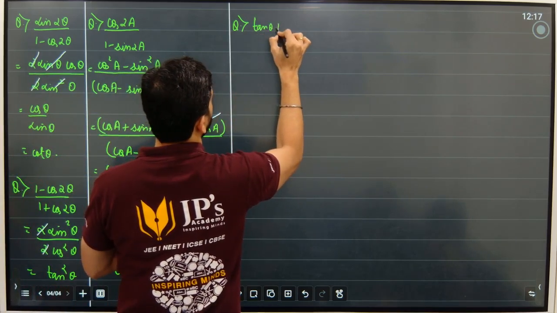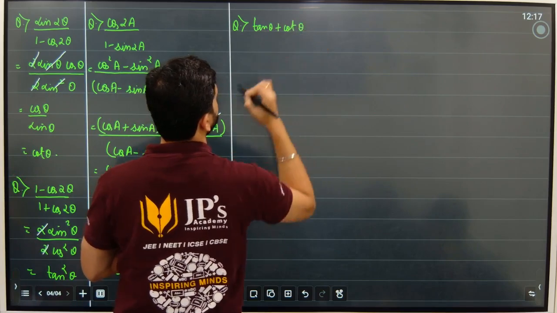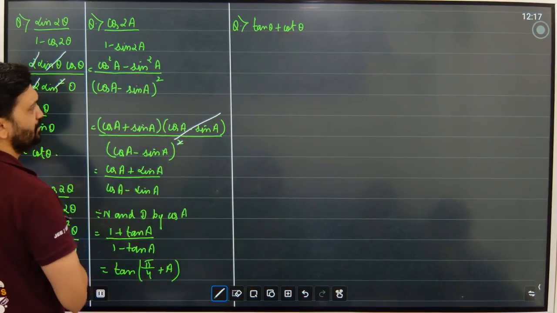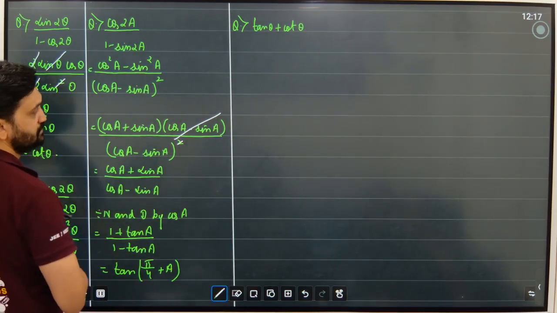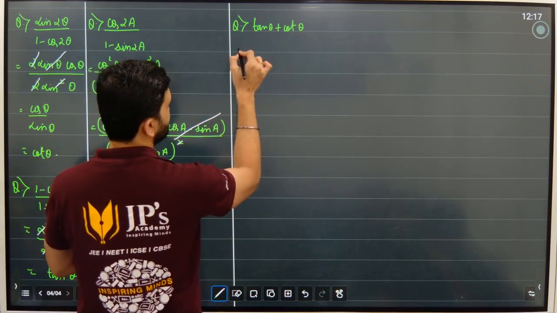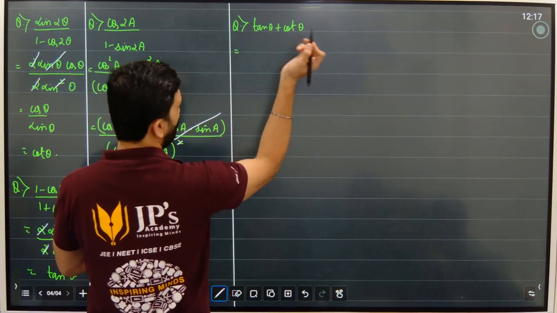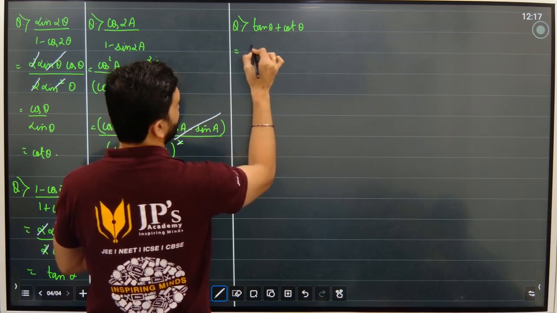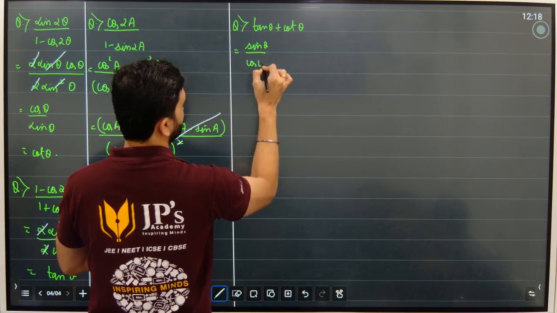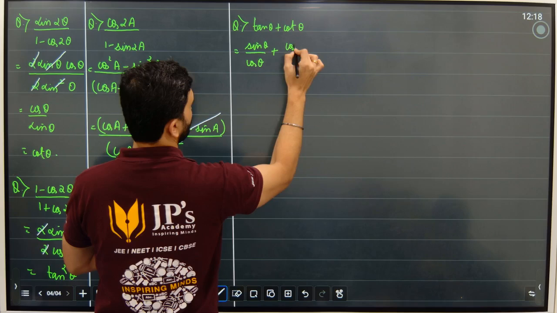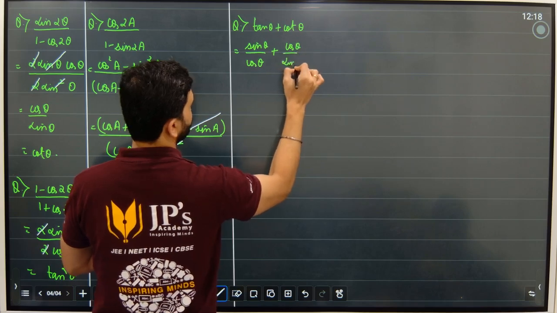Tan theta plus cot theta. Okay, this is the question that is given to me. I'm not writing the RHS. Whatever is the answer, that is the RHS. So I'm just letting you expand as easily as possible. There's no formula for tan theta and cot theta yet. So I will write tan theta as sin theta upon cos theta, and cot theta as cos theta upon sin theta.